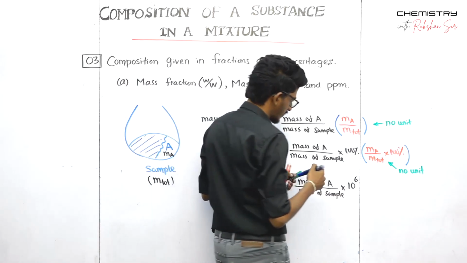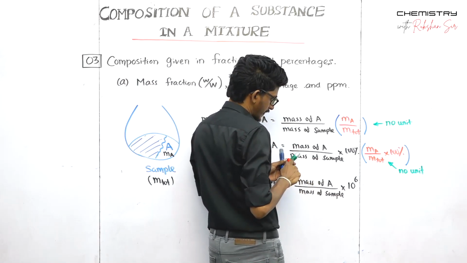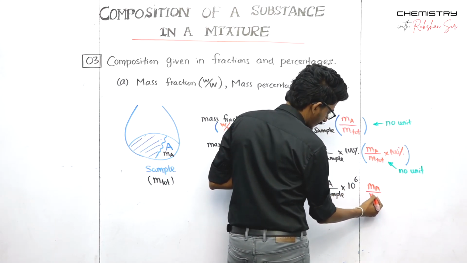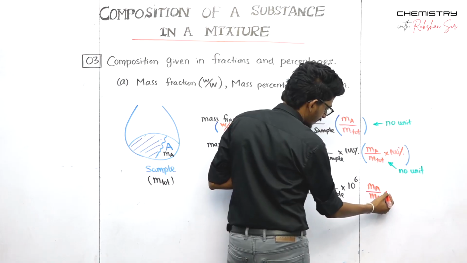In symbolized manner, it is MA over M total into million.